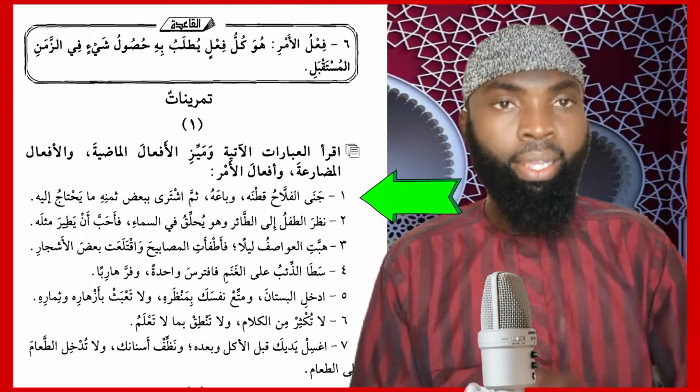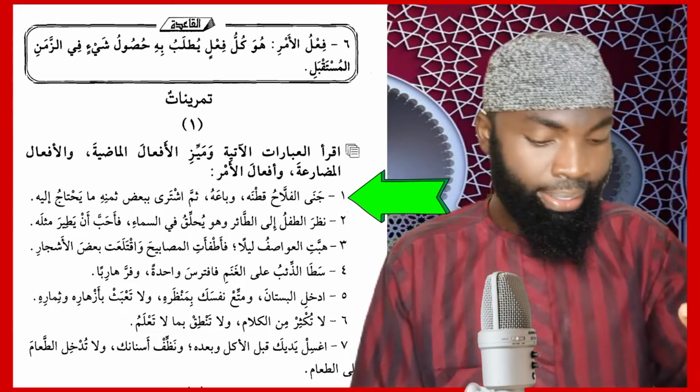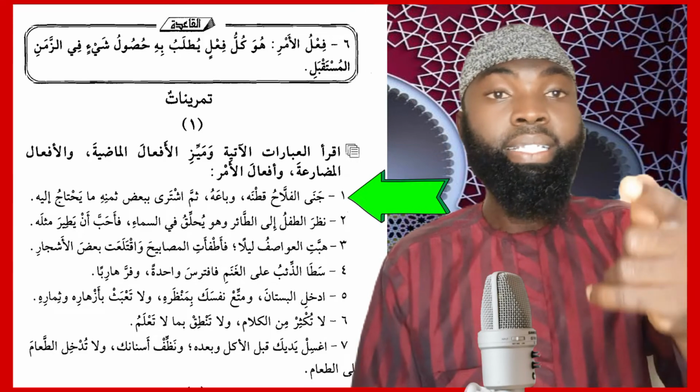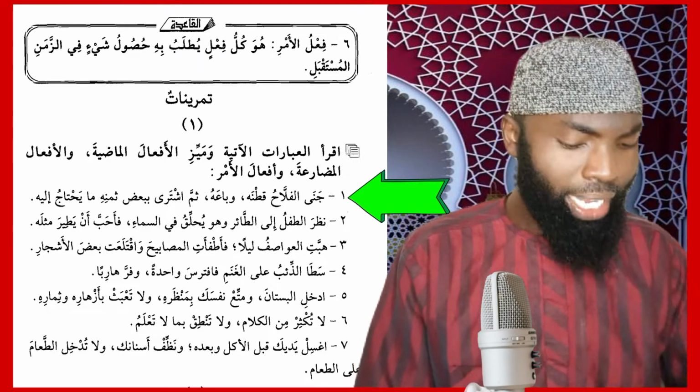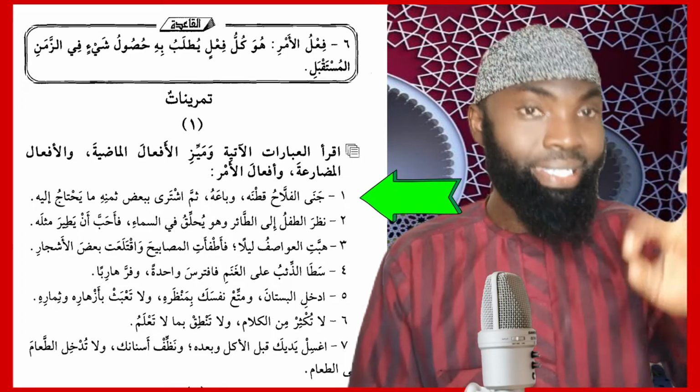This sentence is very clear. The farmer harvested his cotton, he sold it, then he bought with some of his proceeds, some of his gains, what he needs. So let's go back and indicate the present, past, and the command tense in this sentence.